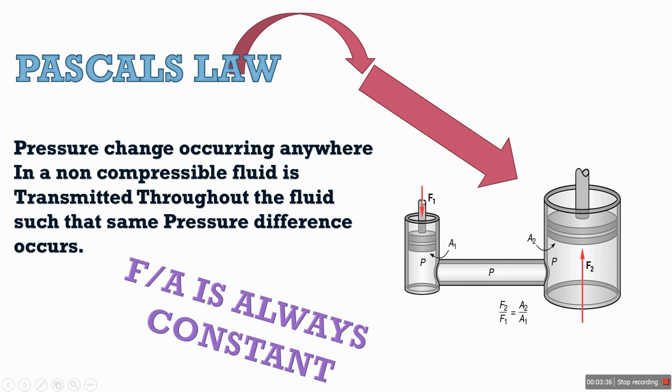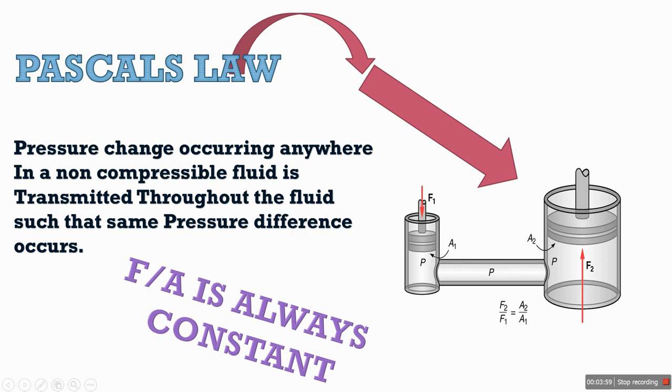When applying some force F1 over the piston with area A1, that pressure will be transmitted throughout. So considering this arrangement, as Pascal's law states, I will get a force F2 upwards.